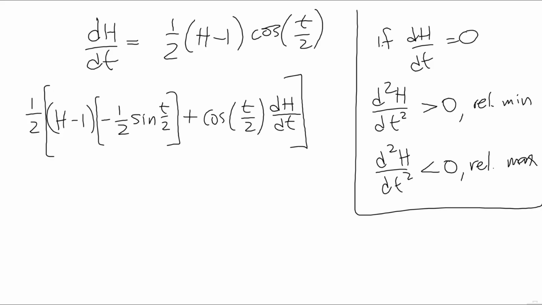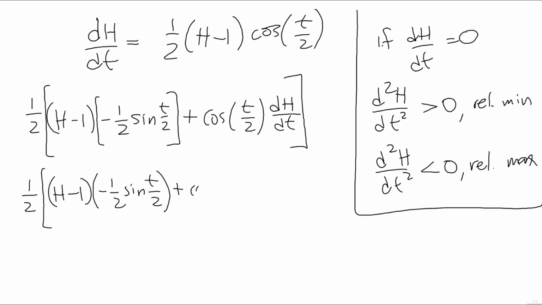And if we go in here and continue working with this, what we've got is h minus 1 times negative 1/2 sine t over 2 plus the cosine of t over 2 times dH dt, which was 1/2 of h minus 1 times the cosine of t over 2.